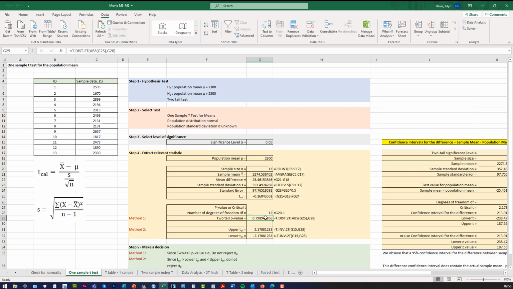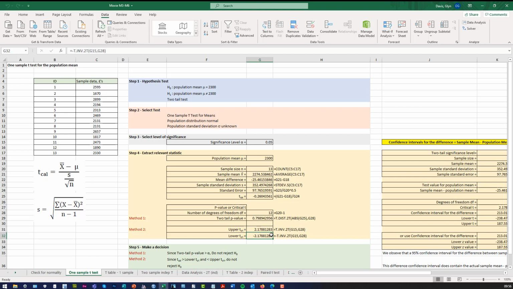But you could also do a critical t-value method. So how do you get the critical t-values? You can see there we've got an upper t critical, which is positive, and a lower t critical, which is negative. Remember your distribution: when you've got t, the middle is 0, to the left is negative, to the right is positive, and we can use the Excel function T.INV.2T to give you those numbers.